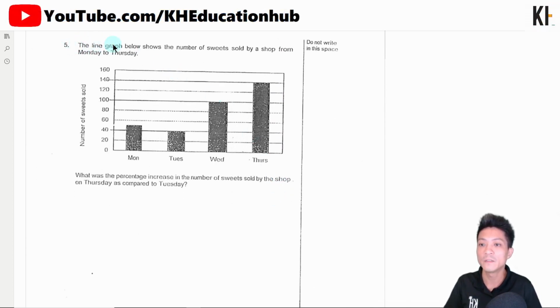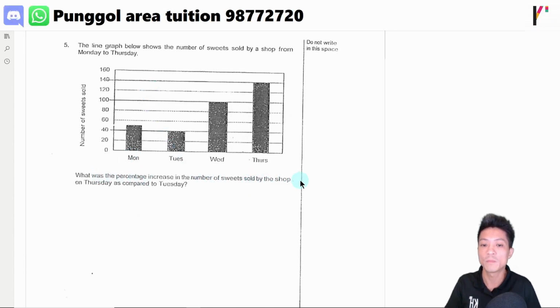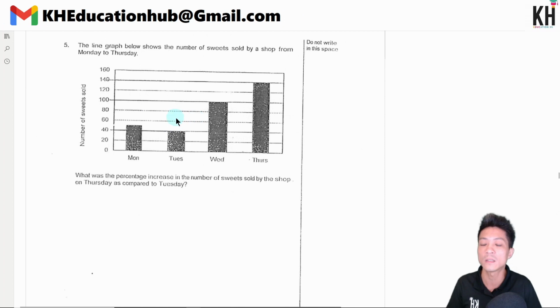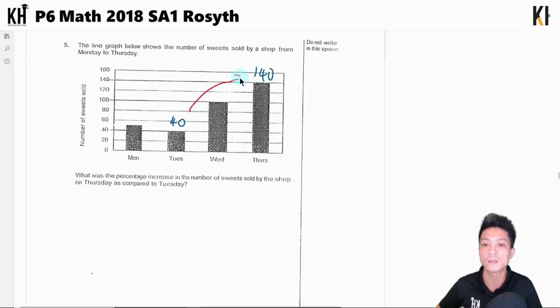Question 5. The line graph below shows the number of sweets sold by a shop from Monday to Thursday. What was the percentage increase in the number of sweets sold by the shop on Thursday as compared to Tuesday? On Tuesday, we can see that the number of sweets is 40. Thursday is 140, right? So what is the increase? The increase is plus 100.